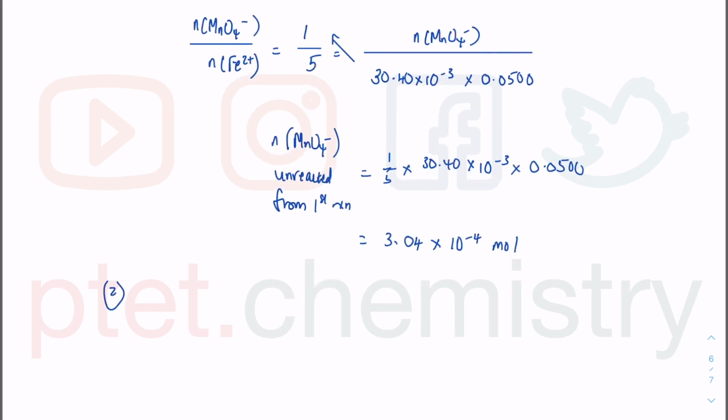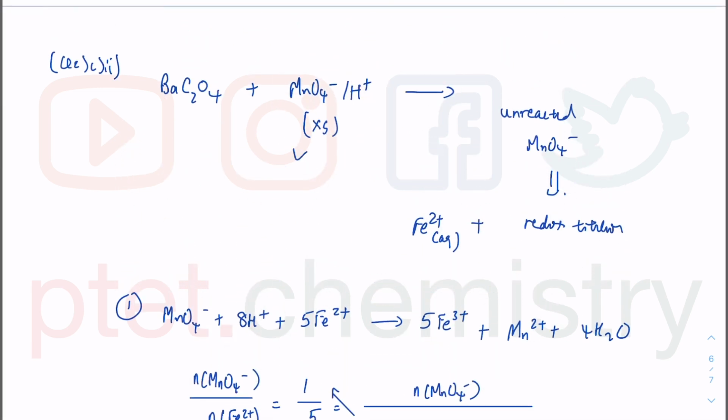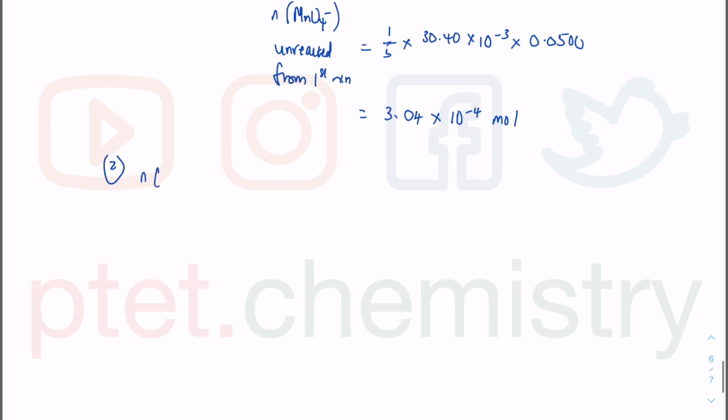So what other information am I given? I was told how much manganate I use in total, which is in excess: 50.0 cm cube of 0.0200 mole per dm cube. So the mole of KMnO4 reacted in the first reaction is going to be the total KMnO4 that I put in, which is 50.0 times 10 to the minus 3 dm cube times 0.0200.